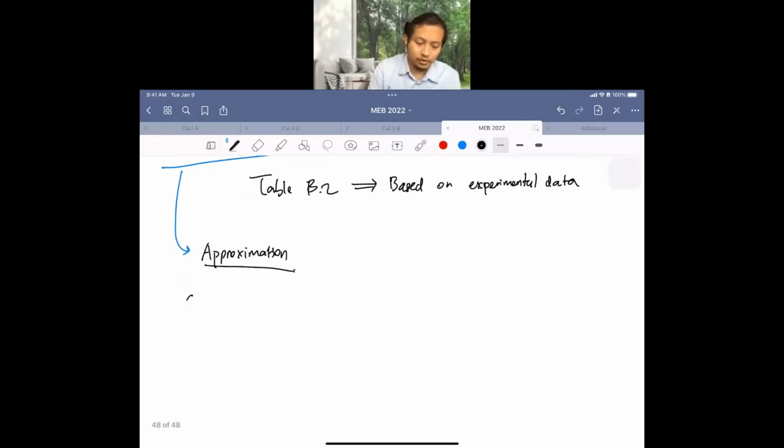The first one we call Kopp's rule. So Kopp's rule is another way to set up the heat capacity formula. For example, this is taken from table B10.